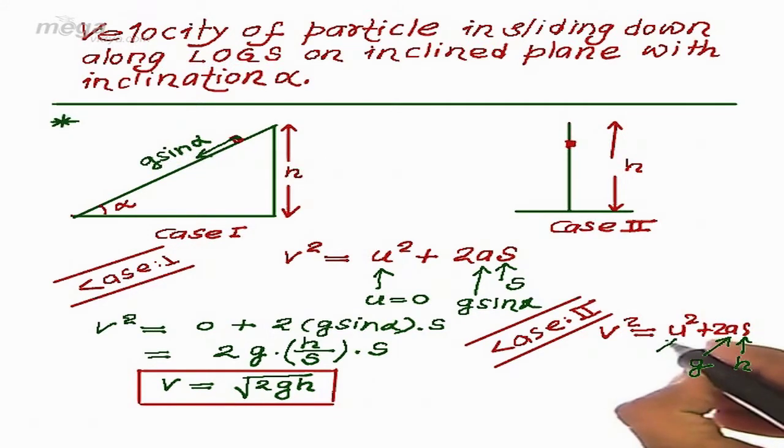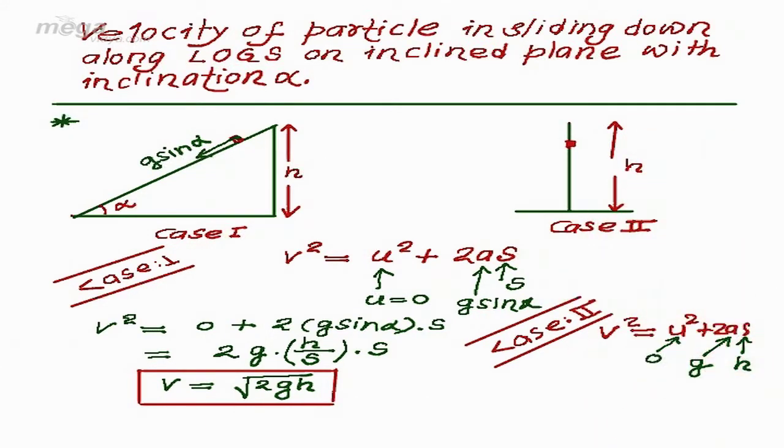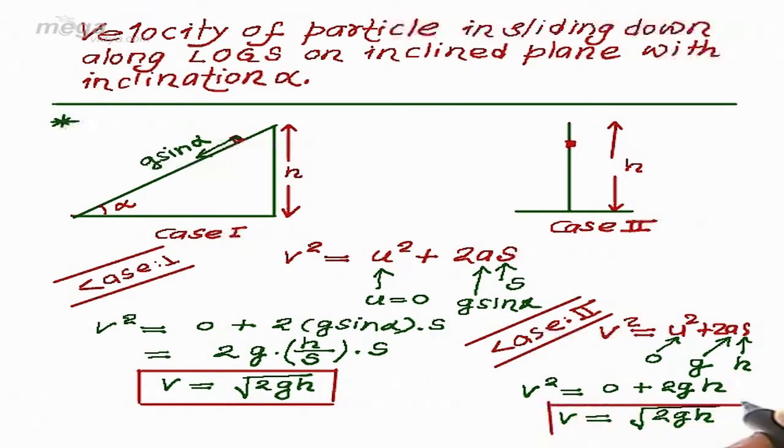The initial velocity in this case also is 0, so by putting these values in the equation, we get v square equal to 0 plus 2 times the acceleration due to gravity into the displacement, which is h. So we get v equal to under root of 2gh, which is again the same result as we achieved for the inclined plane.